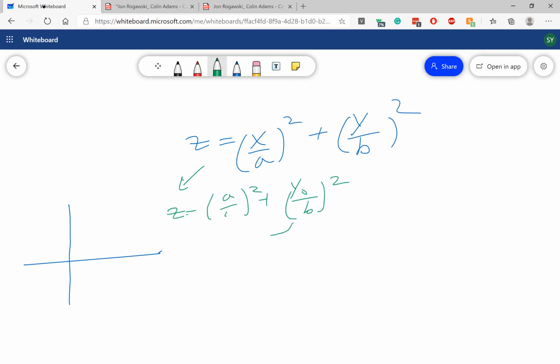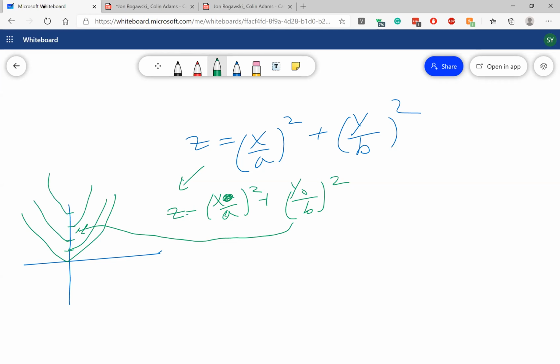And these over here are the places that you end up on the parabola. So you're going to have parabolas like this.